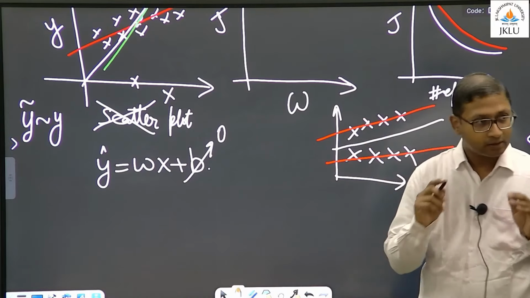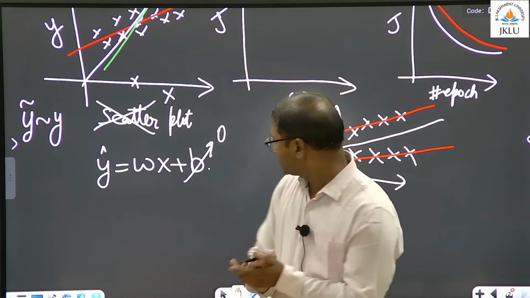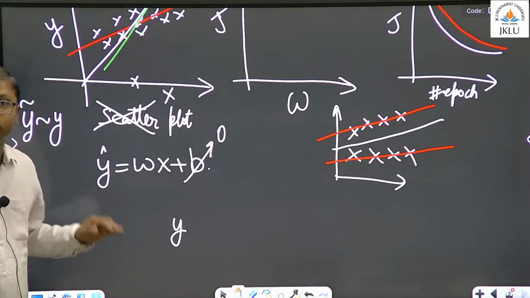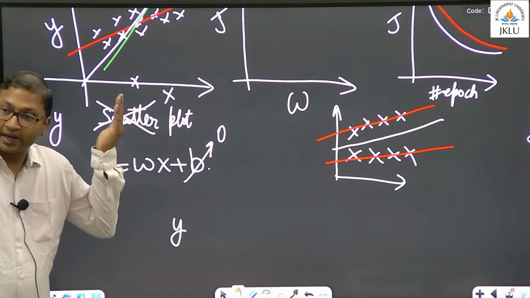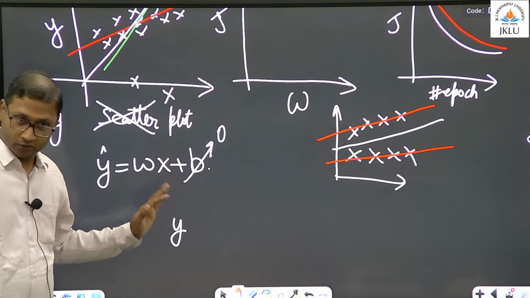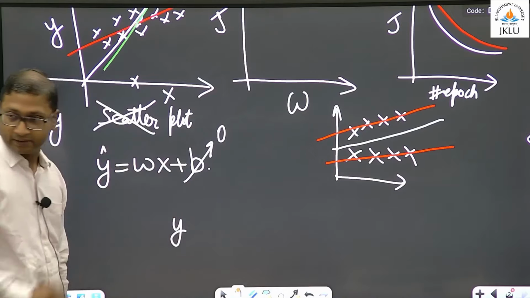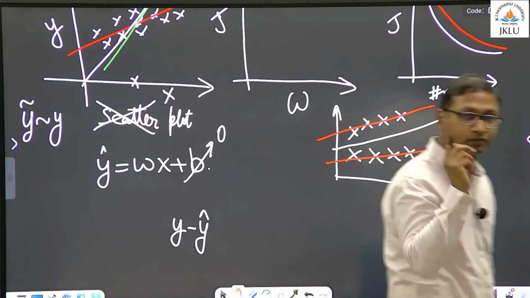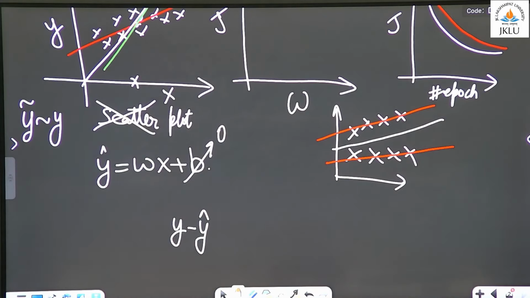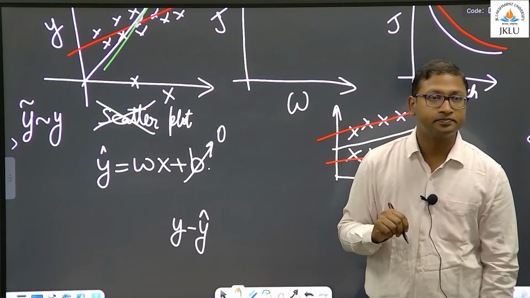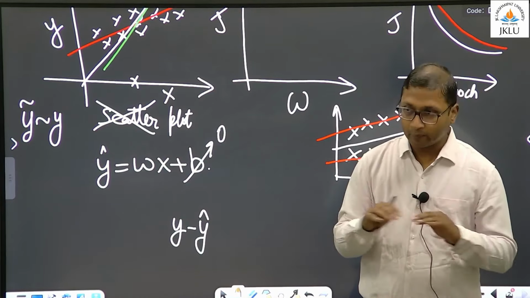So, rightly said. One way to do this is, if y is the label, so now see, since I am directly talking about labels without talking about unsupervised, supervised, we are already into supervised machine learning. So, y minus y hat. What is y? Actual label. What is y hat? My algorithm's prediction. Now, if for all the cases they are all the same, then I am on the right path.